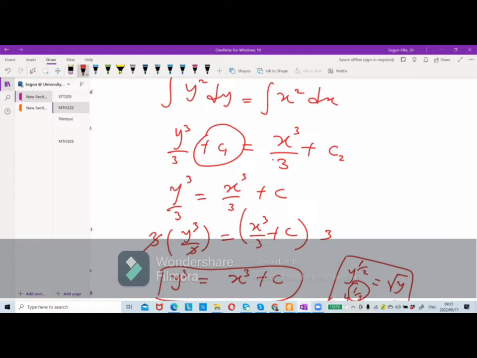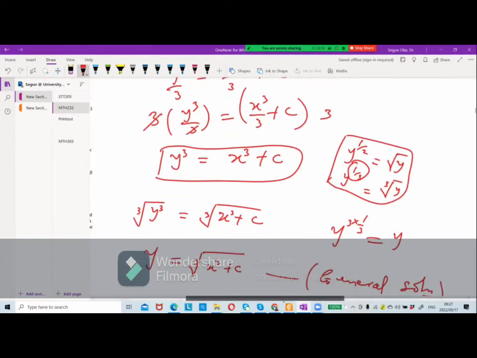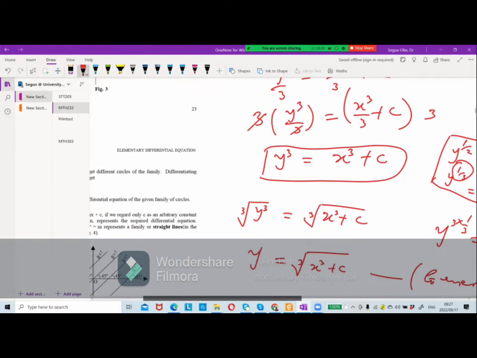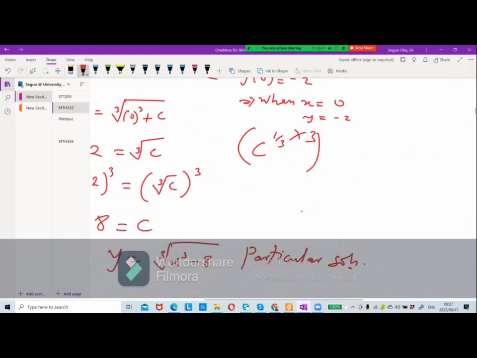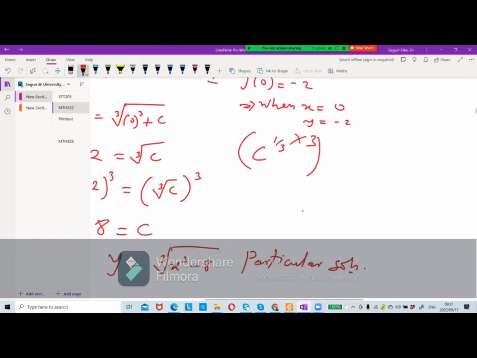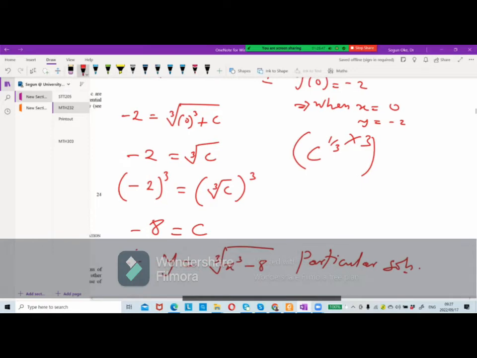If you read your material, it's stated there. They call it arbitrary constant, so you don't need to worry yourself about arbitrary constant. All you need to do is just to get one of it, because that is what we are using to solve the problem.